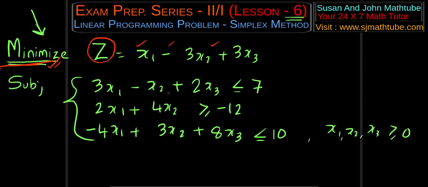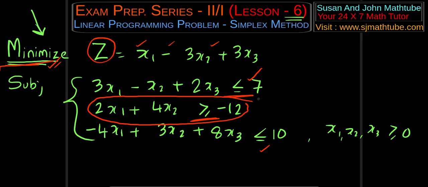Okay, and now look at this. This is okay. This is not at all okay. So I'm not happy with the second condition. Long back when you learned inequations, maybe in class 11 or class 10, you have learned something.